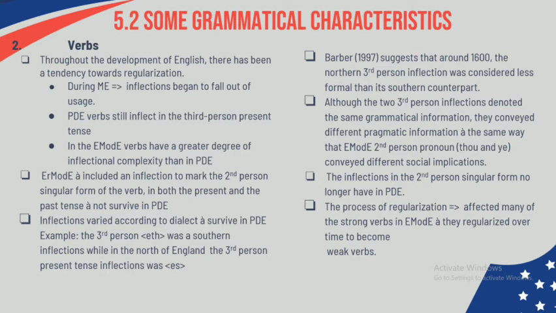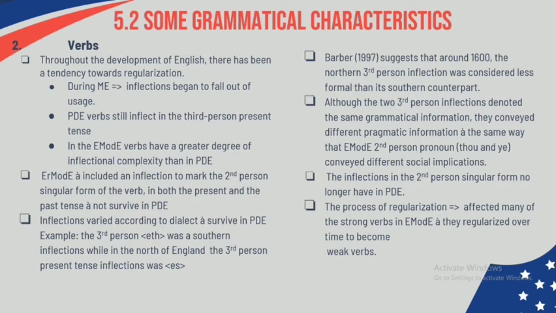Throughout the development of English, there has been a tendency towards regularization. During Middle English, inflections began to fall out of usage, but it is a mistake to assume that inflections were not being used anymore. Actually, present-day English verbs still inflect in the third person present tense.